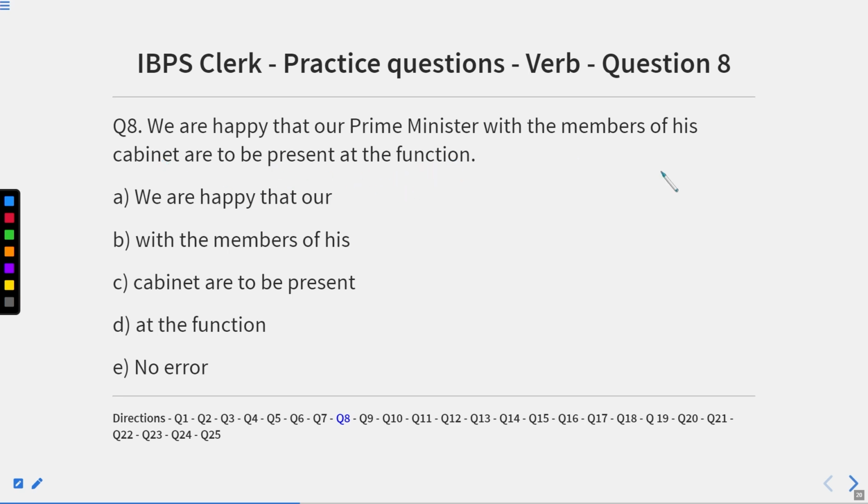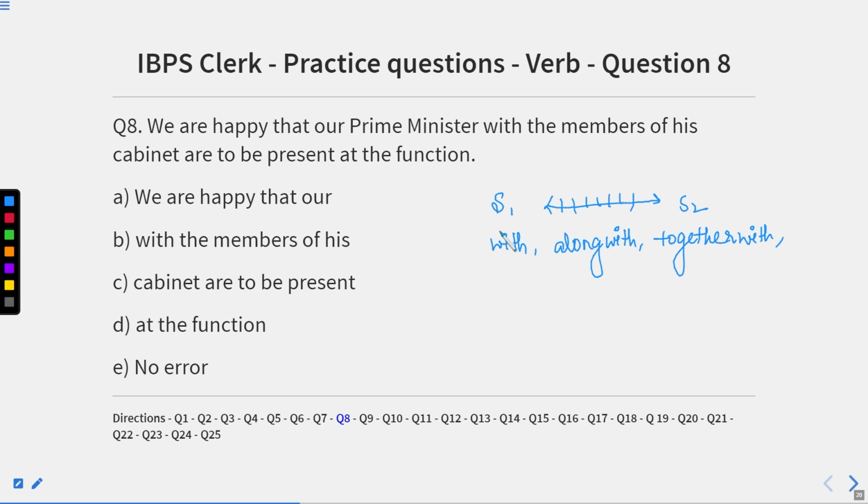Now here, whenever we have two subjects, subject 1 and subject 2, and these are connected with any of the conjunctions like with, along with, together with, or among, besides, and there can be any conjunction except either or, neither nor, not only but also.